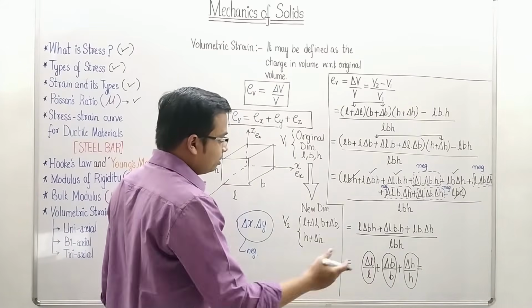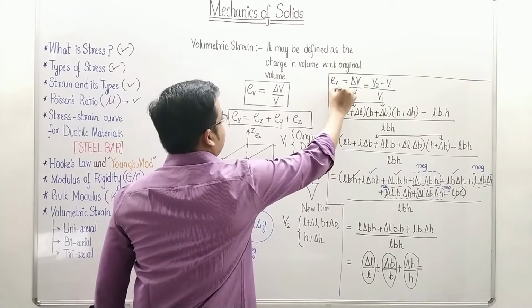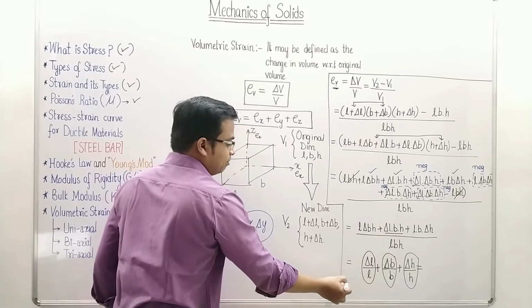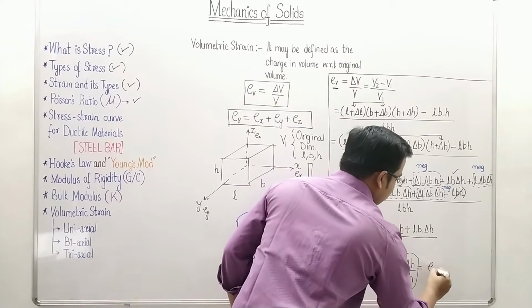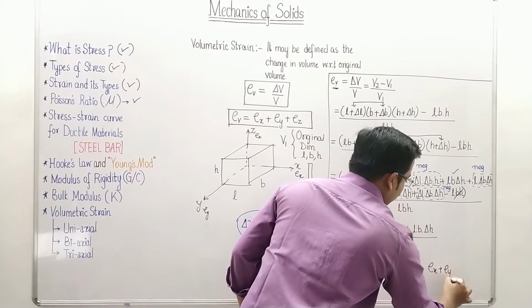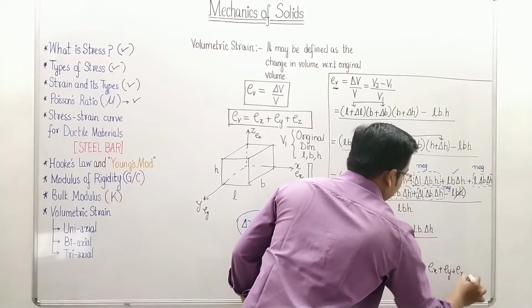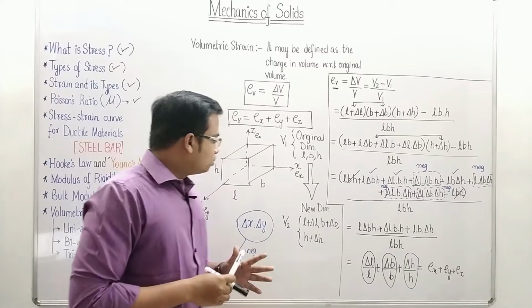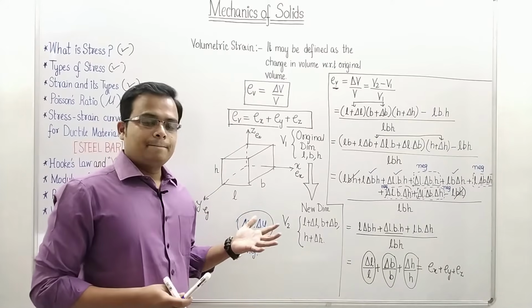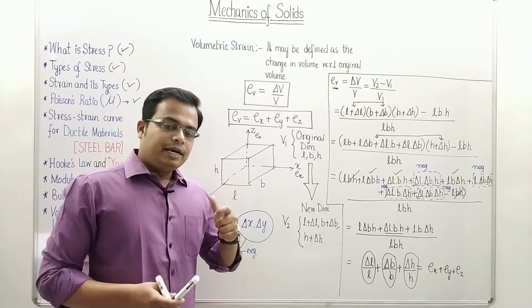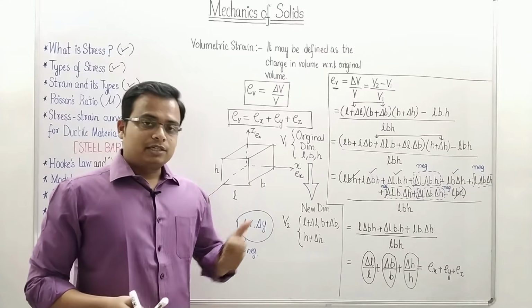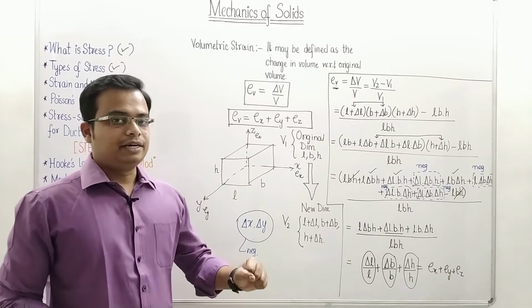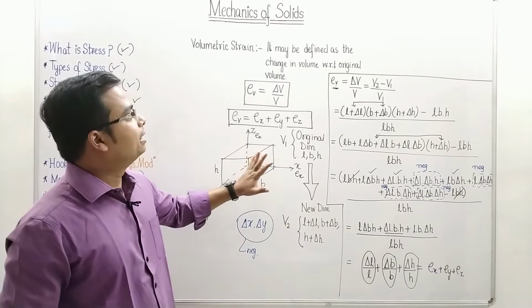So in totality, what you can write is, here in the LHS you see EV ultimately will work out as EX plus EY plus EZ, and this is why we say that the total volumetric strain in case of a cuboid is equal to the sum of individual strains along X, Y and Z directions. That's the entire idea, right?